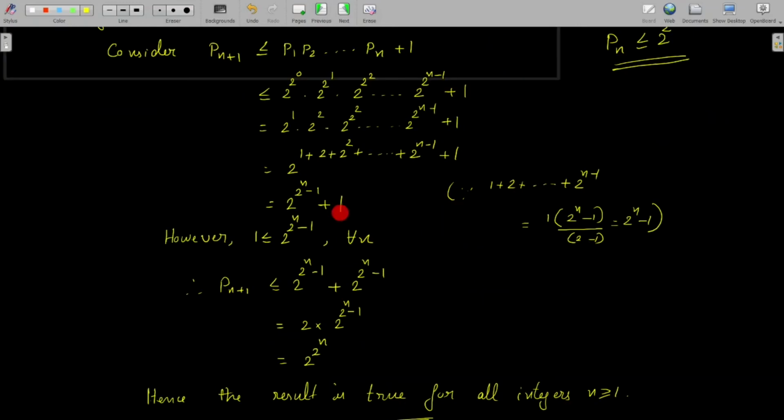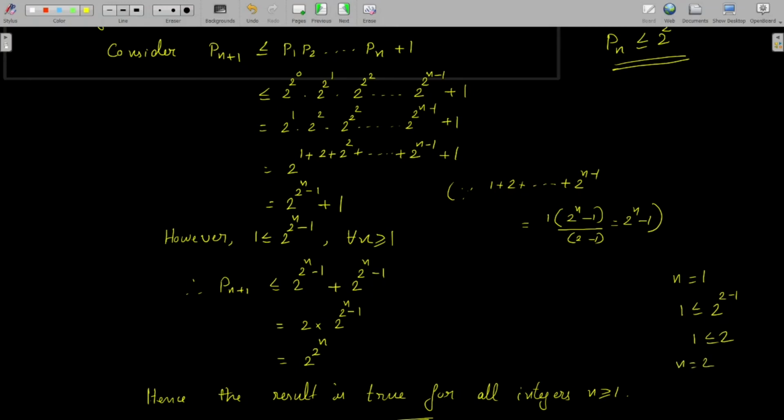Now we have this 1 is less than or equal to 2 raised to n minus 1 for all n. For example, if n equals 1, what happens? When n equals 1, we have 1 less than or equal to 2 raised to 2 minus 1, that is 1 less than or equal to 2, which is true.